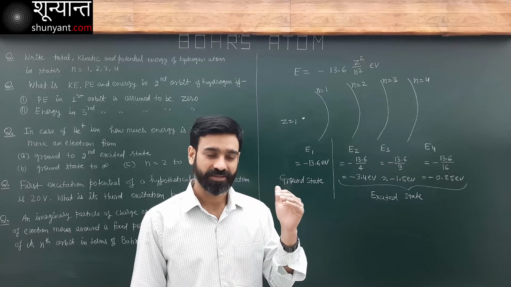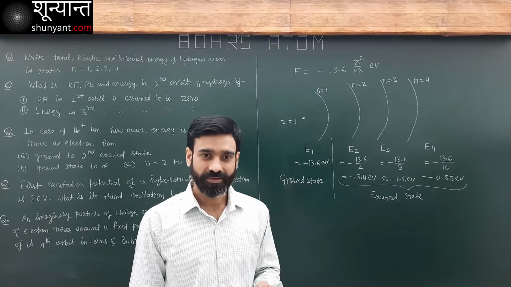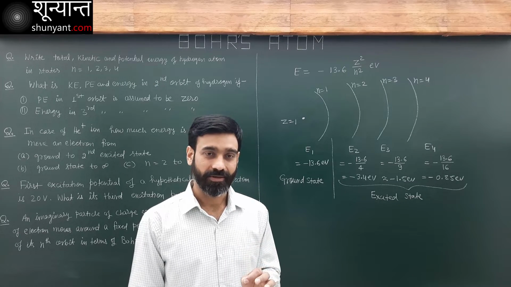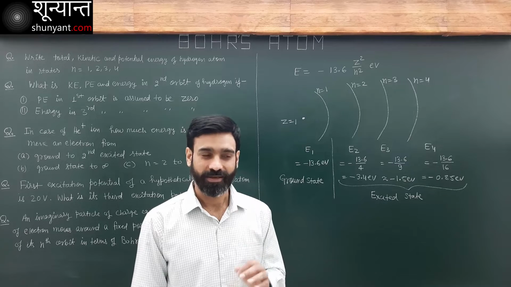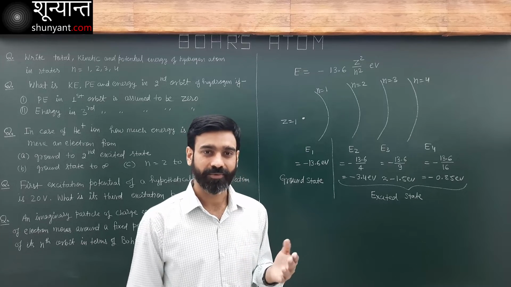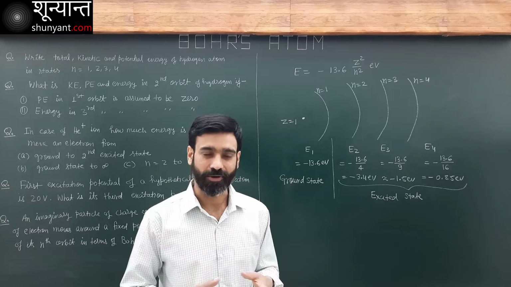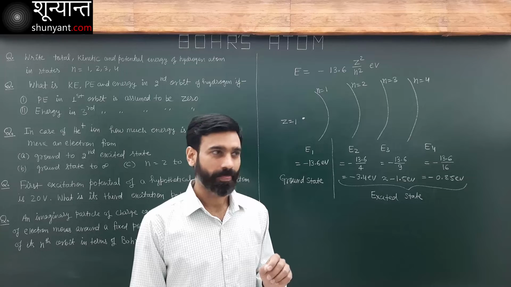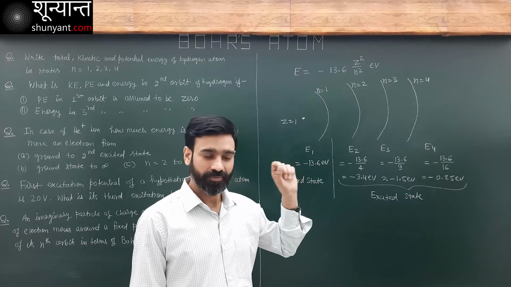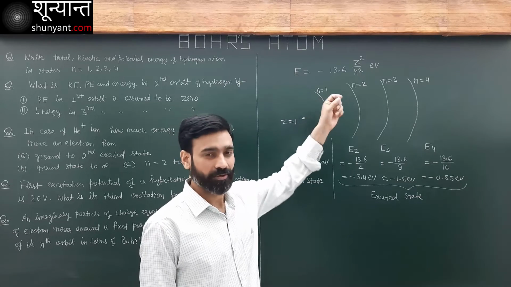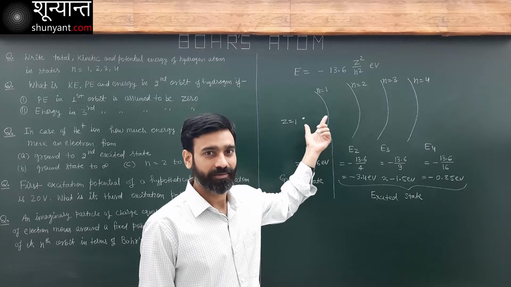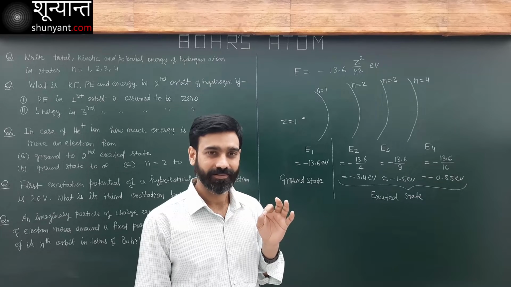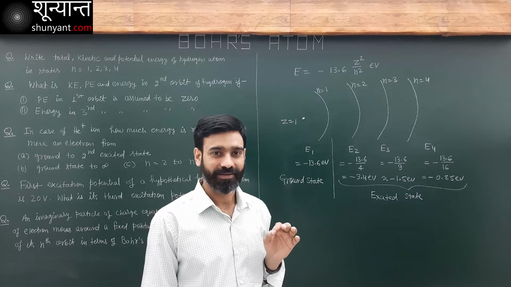Energy increases, stability decreases. Lower the energy, higher the stability. Every system, whether it is a single molecule, a single atom, or a bulk object, tries to minimize its energy. So the electron will be found in n equal to 1, the closest orbit. That is its home, where it finds itself relaxed.